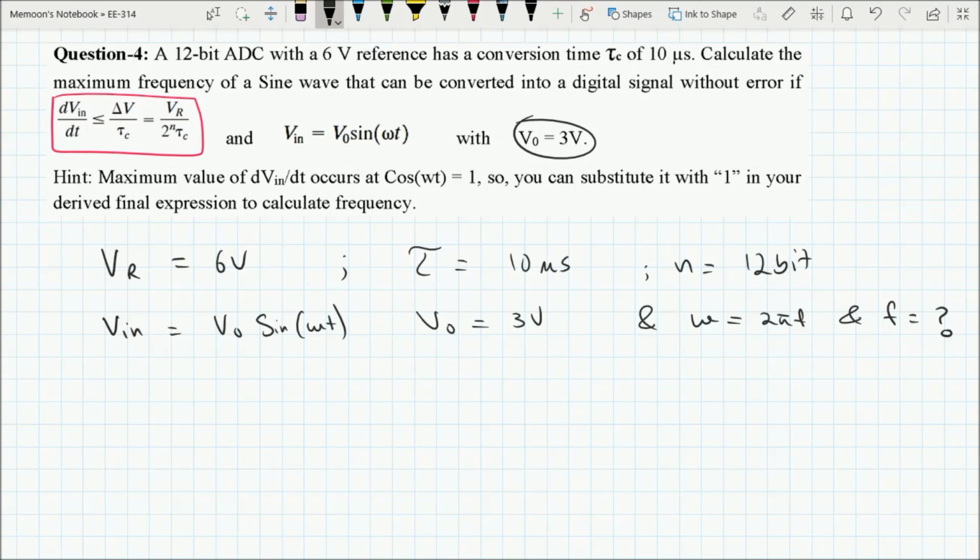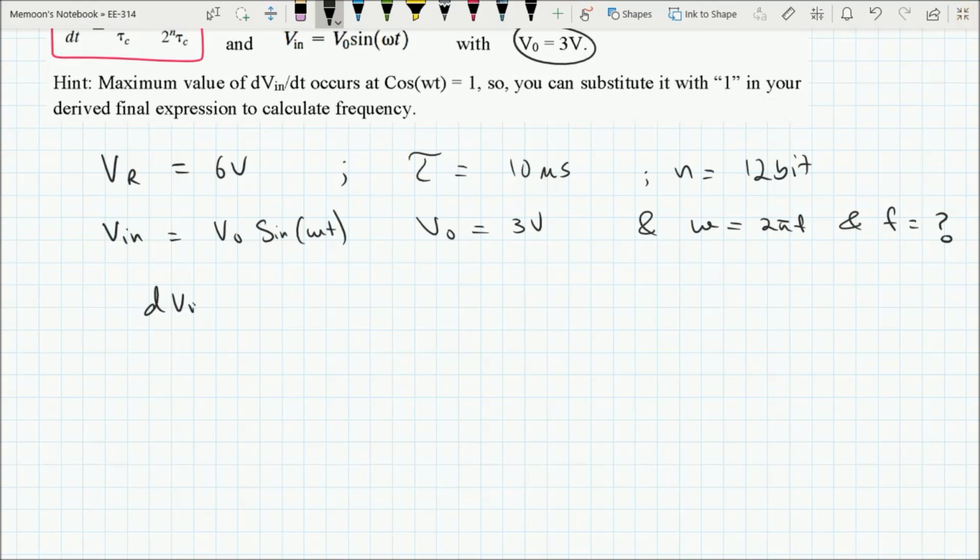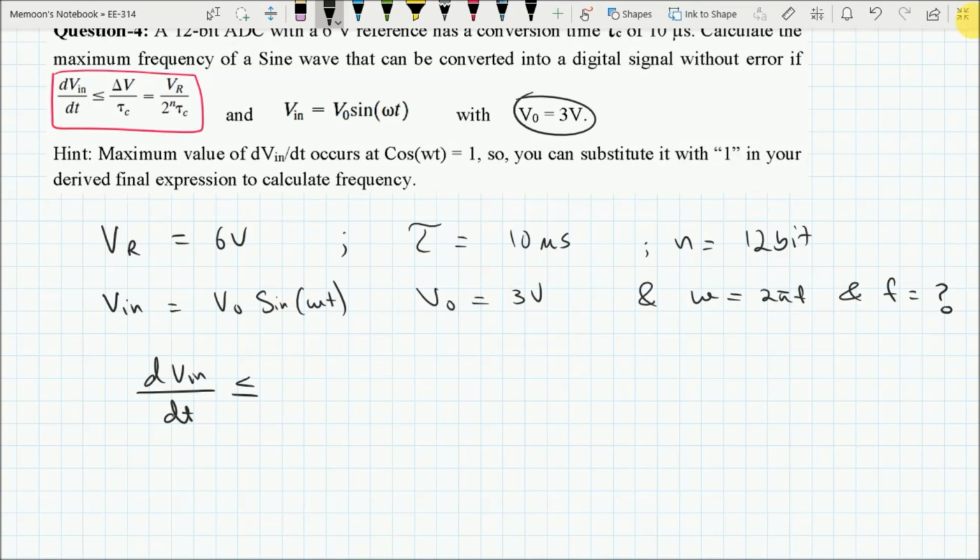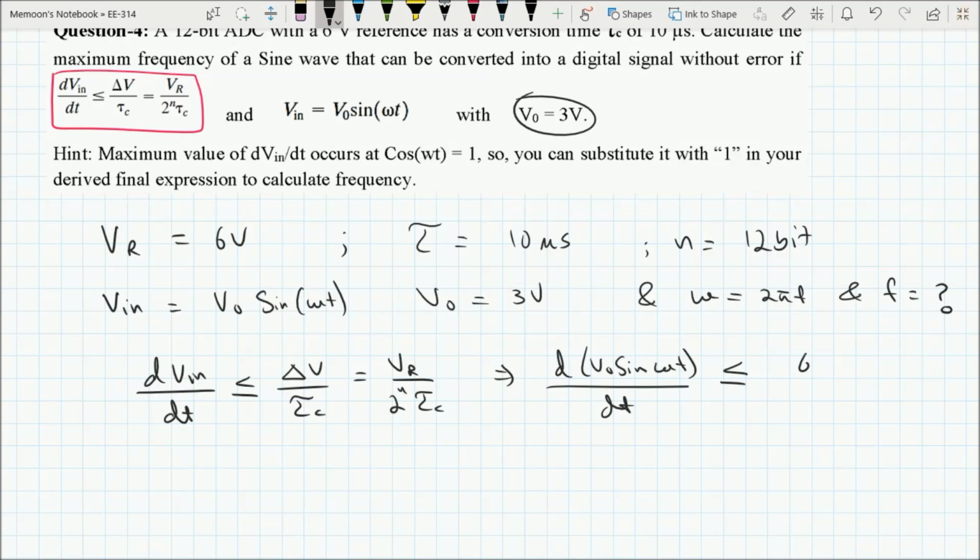So let's use this formula. dV in over dt should be less than or equal to delta V over tau c, and that is equal to VR over 2 raised to power n tau c. So this implies that d of V naught sine omega t over dt should be less than or equal to 6 volt over 2 raised to power 12 into 10 microseconds.